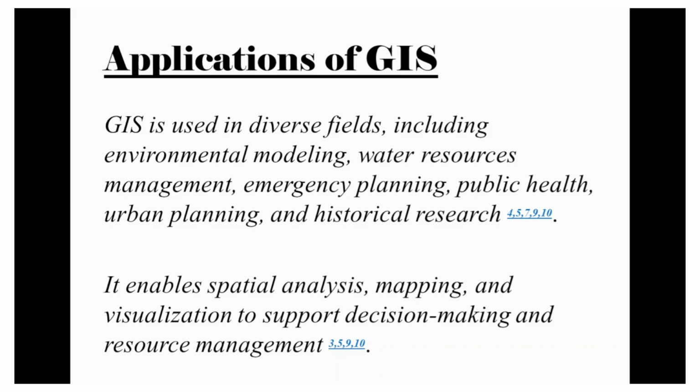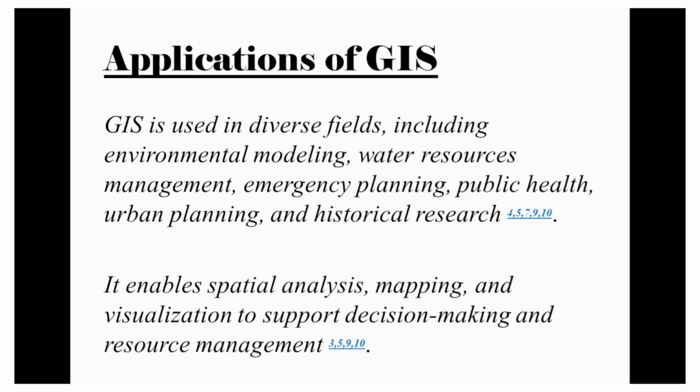GIS has a wide range of applications. It's used in disaster management, such as planning for floods or earthquakes. It also supports environmental modeling and management, which includes tracking land use or monitoring ecosystems. Urban planners use GIS for city development and infrastructure planning.